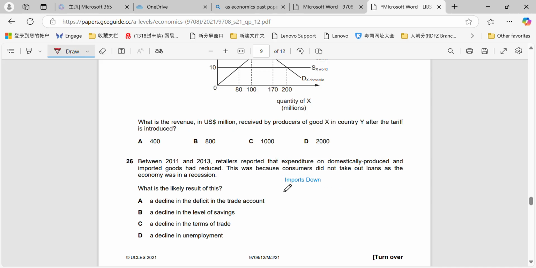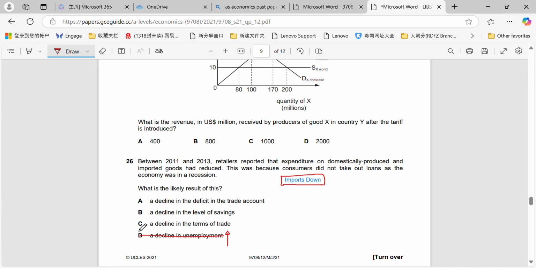So if our imports have gone down, does that mean we have a decline in unemployment? Not necessarily, right? Possibly, but not necessarily. Economy was in a recession, consumers did not take out loans. Doesn't mean that we have a decline in unemployment. We're likely to have an increase in unemployment because we're told that we were in a recession.